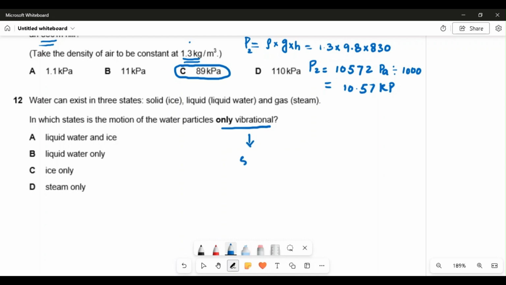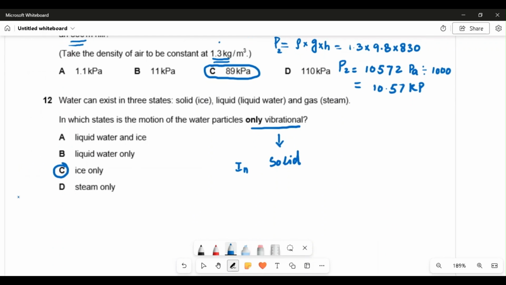So in solid, the molecules just vibrate, they cannot move. Whereas in liquid, molecules carry the energy and convection process can be seen. In gases, convection and also radiation process can be seen, but vibration is only in the form of conduction when heat transfers. So we can say that it is only the ice state in which the motion of the particle is vibratory only.